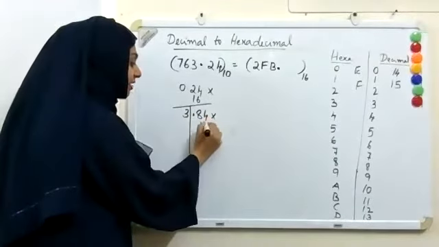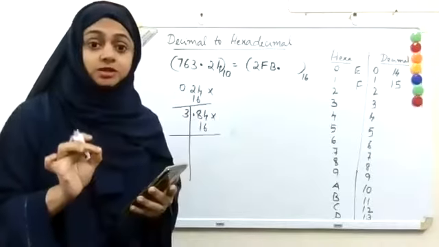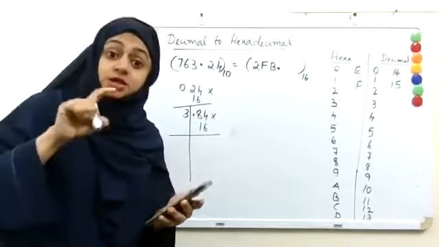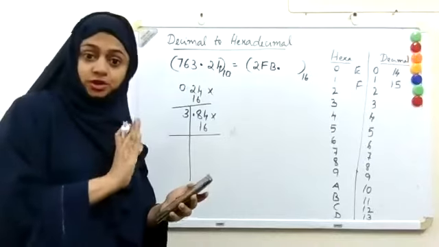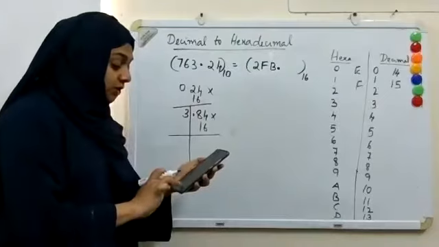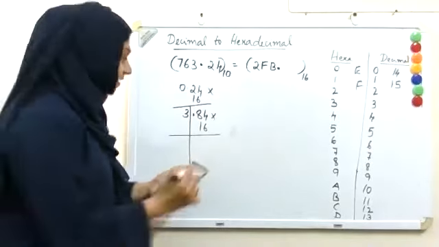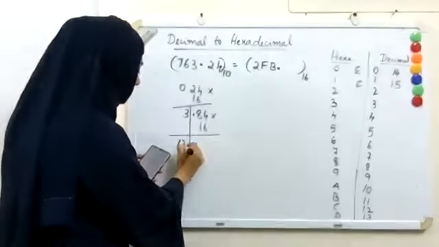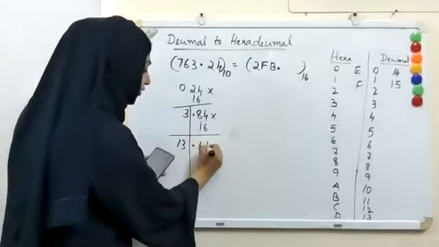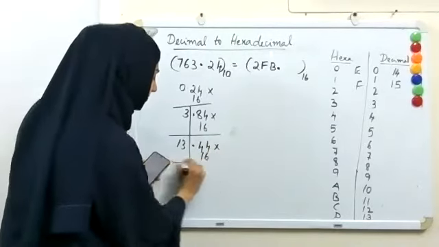Now again you have to multiply, but note that when you use the calculator, you have to multiply 0.84, not 3.84. You have to multiply 0.84 times 16. So you will get 13.44.